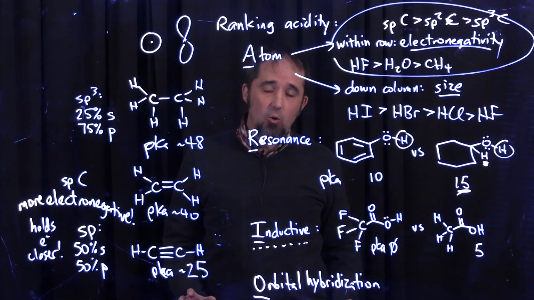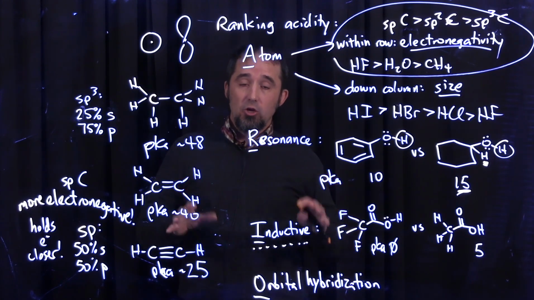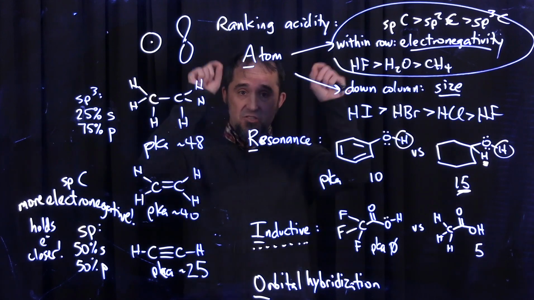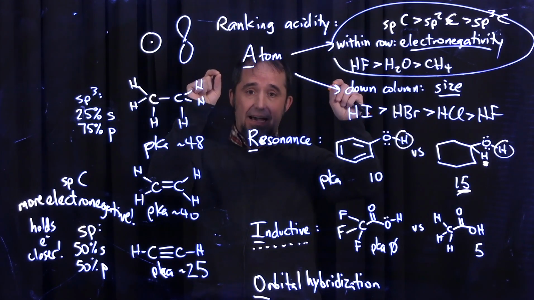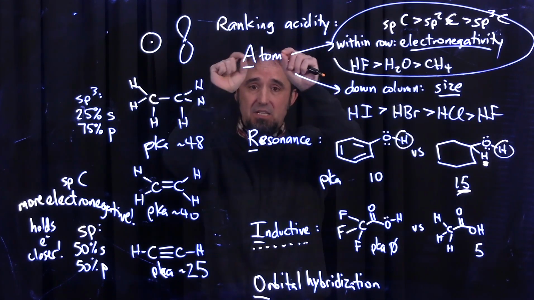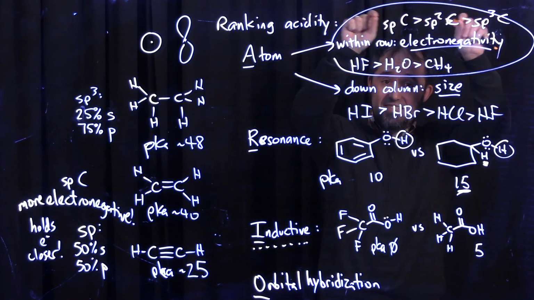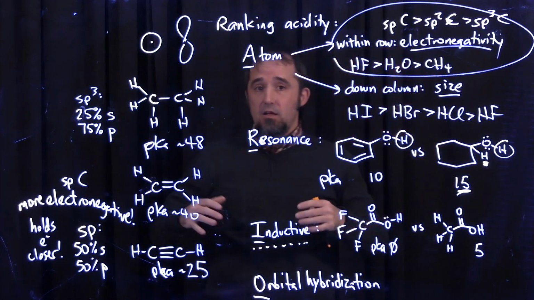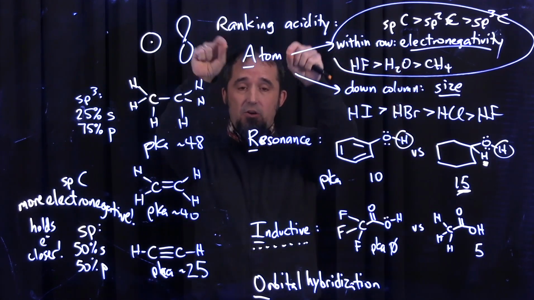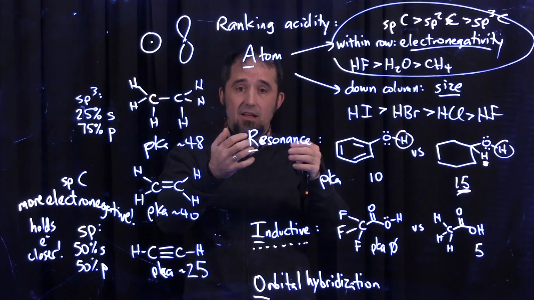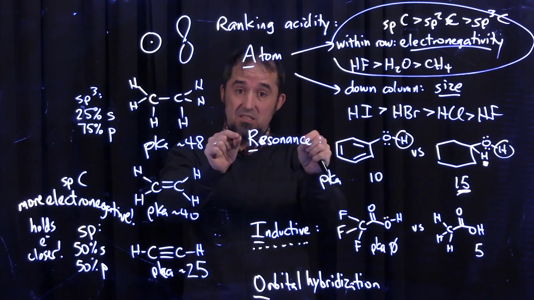This is how we're going to look at 2 molecules and figure out which one is more acidic. We'll look at the 2 atoms and say, okay, are these hydrogens bound to the same atom or different atoms? If they're different atoms, or if they're even different hybridizations of the same atom, I start there. If they're the same atoms, then I say, okay, what about resonance? Is one of the conjugate bases stabilized by resonance?